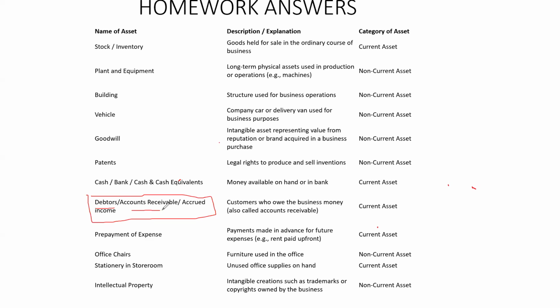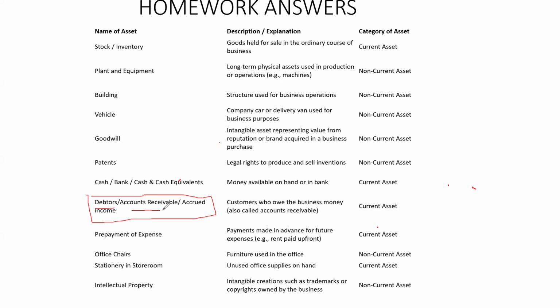So that is considered an asset. Why? Because we expect that this person will pay us the money within the next 12 months. Because most accounts are usually 30 days or 60 days or 90 days. So we expect that the customer is going to pay us within the next 12 months. So it's a short-term asset, which we call a current asset.